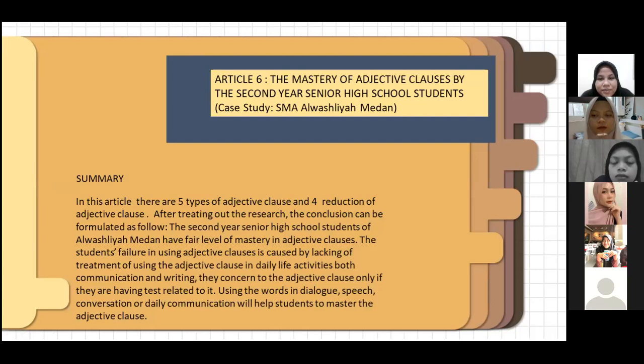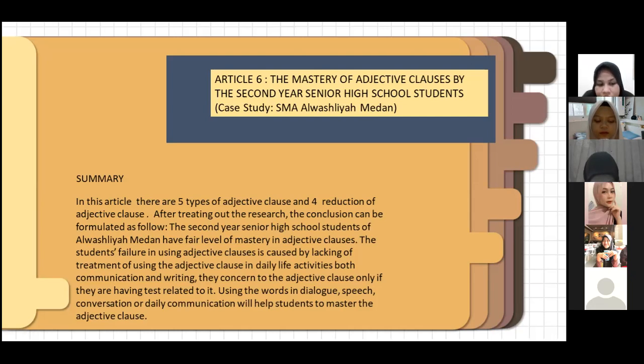The title is The Mastery of Adjective Clauses by the second year senior high school students, a case study at SMA Al-Wasliyah Medan. The summary: in this article, there are 5 types of adjective clause and 4 reductions of adjective clause. After carrying out the research, the conclusion can be formulated as follows. The second year senior high school students of Al-Wasliyah Medan have a fair level of mastery in adjective clauses.